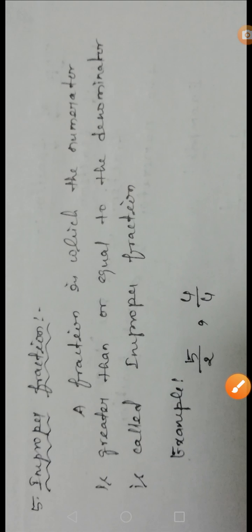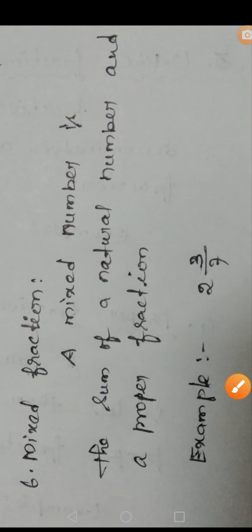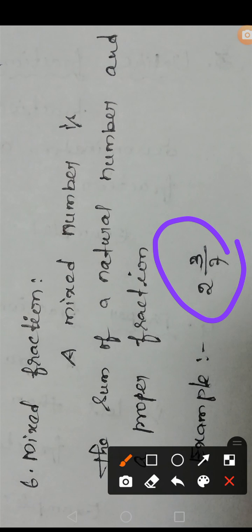Do you understand, students? Okay, then one more type, mixed fraction. A mixed fraction is the sum of a natural number and a proper fraction. If a whole number is included with a proper fraction, that structure we call a mixed fraction. For example, 2 3 by 7.